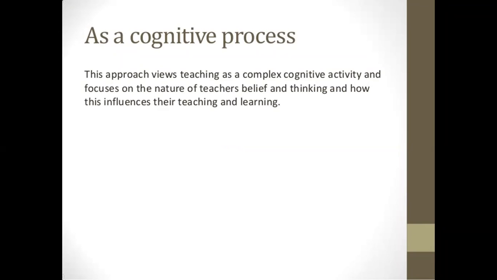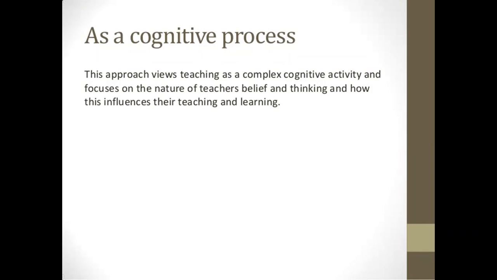It says here that this approach views teaching as a complex cognitive activity and focuses on the nature of belief and thinking and how this influences teaching and learning. That is really true because it depicts the knowledge that you want students to understand or grasp once you start discussing a topic.